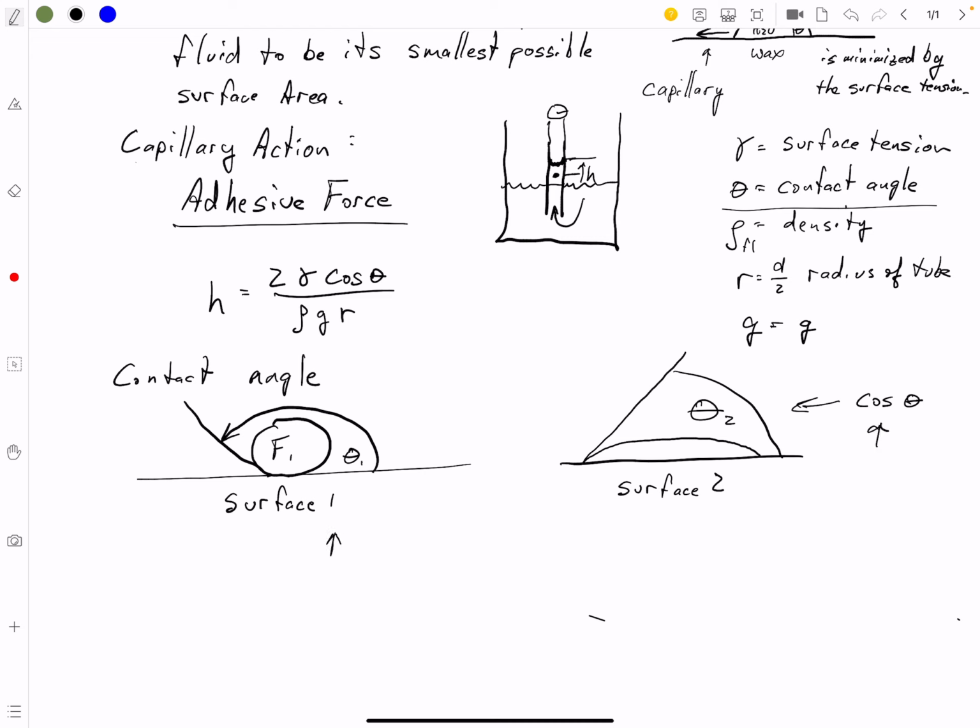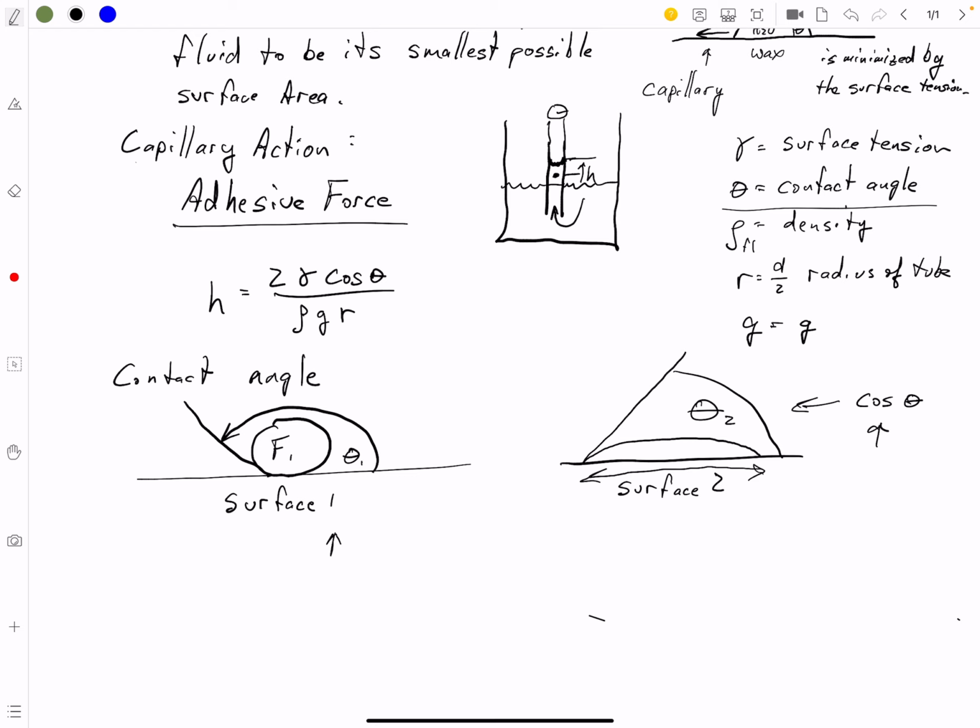So which of these surfaces is going to have a greater h? Well, obviously, you can even tell right here. The distance that this thing spreads out, it wants to attach to the surface. So if it wants to attach to the surface, it's going to give you a higher h, and that totally makes sense.